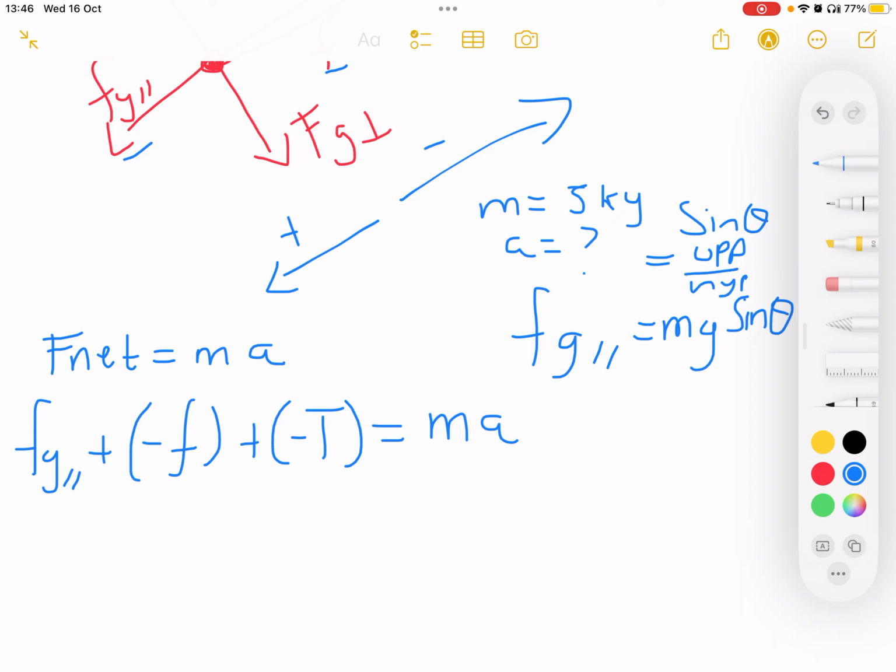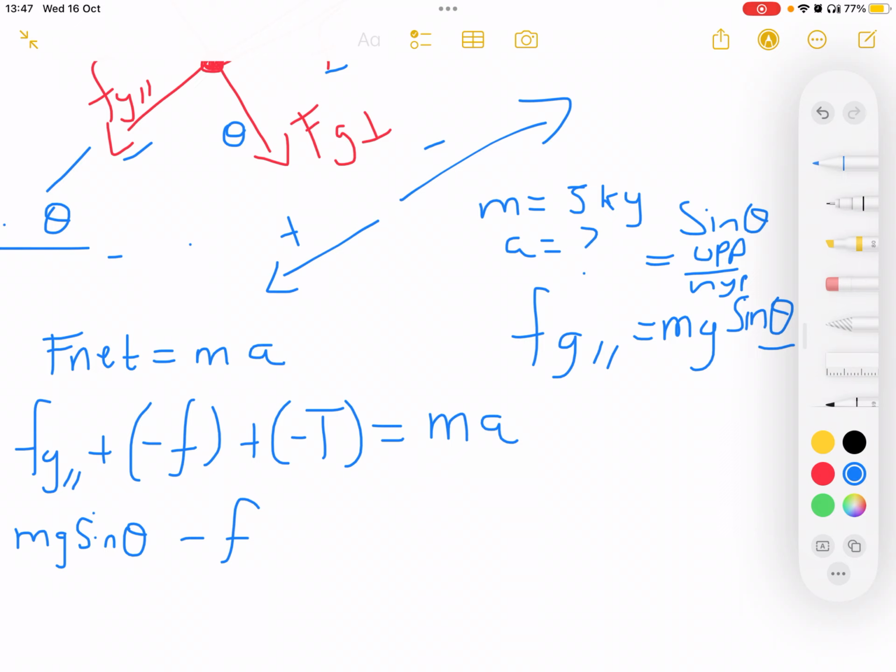Now, if we make a hypotenuse here, this one is opposite and this one is adjacent because the angle would be here. Right. Okay. So this is mg sine theta. Now this angle here is the angle that comes from the incline, which is theta here.